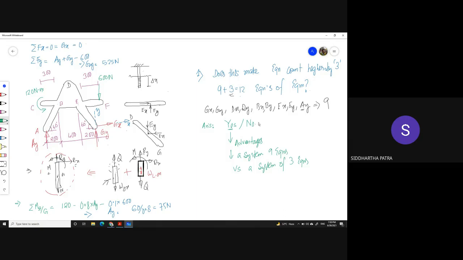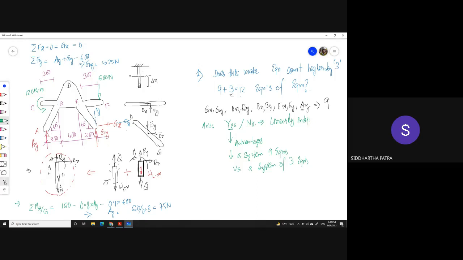Now, why did I say no? It's because, yes, I do get 3 additional equations, but these 3 equations are not linearly independent.